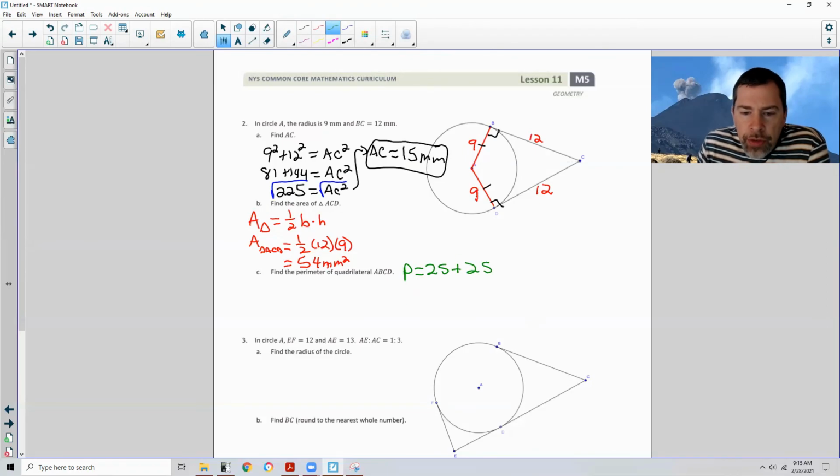So the perimeter equals 2 times 9 plus 2 times 12, which equals 18 plus 24, which equals 42 millimeters. And that is our perimeter.